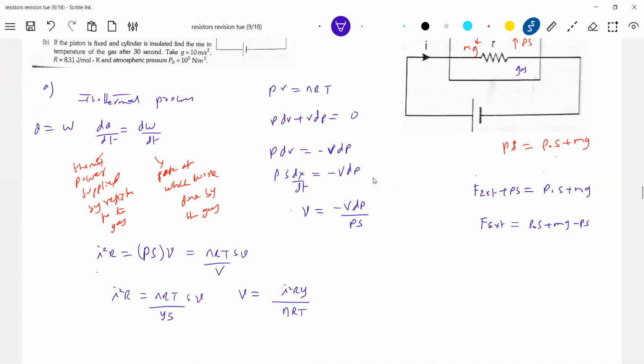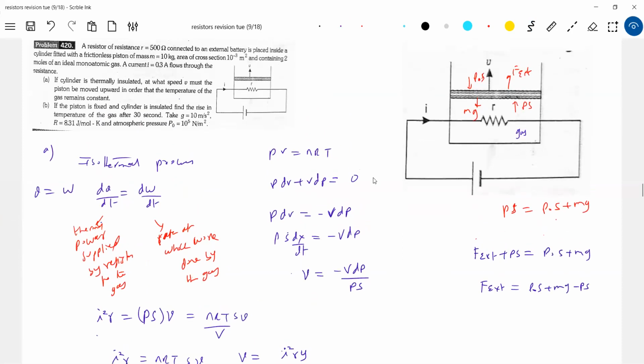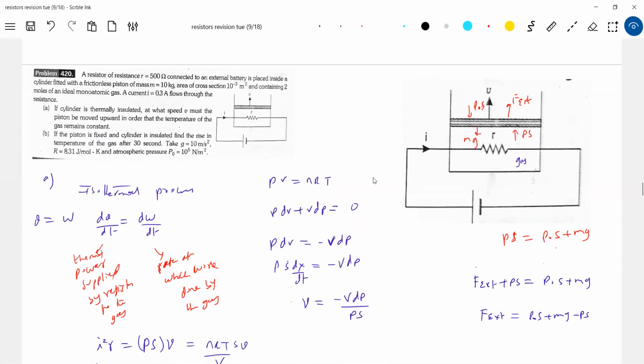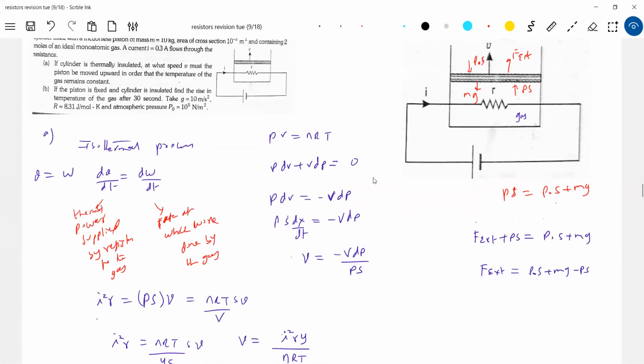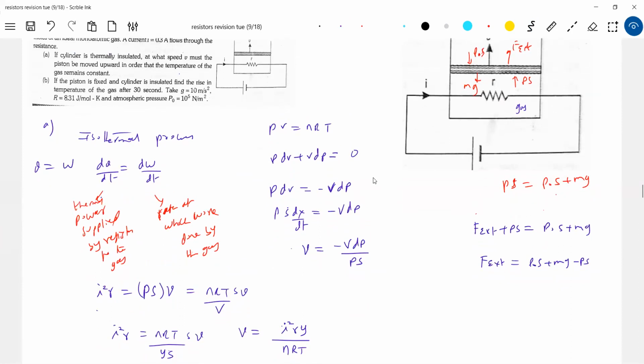Temperature constant, constant, number of moles constant, then as y increases, V will increase. No, not possible. A constant speed is not possible.